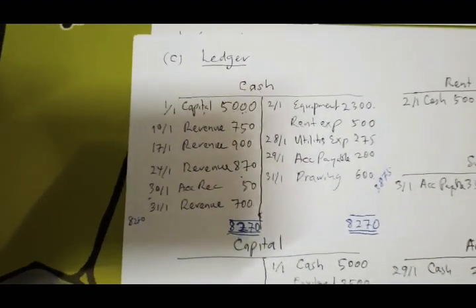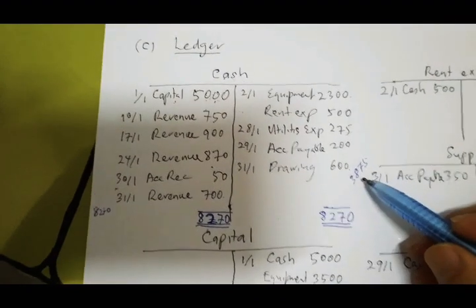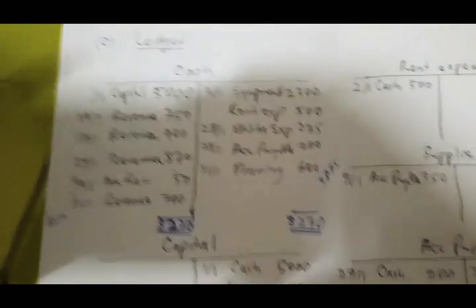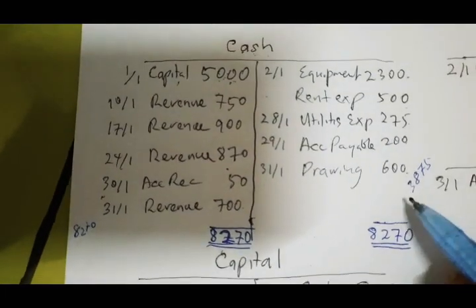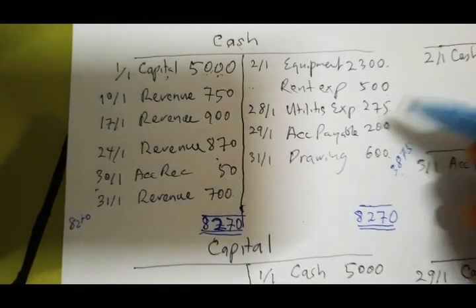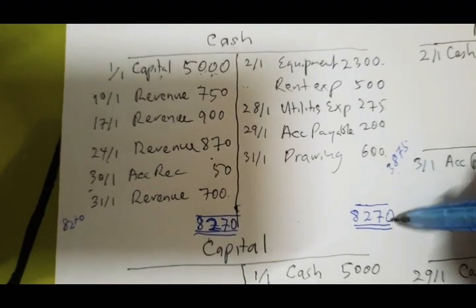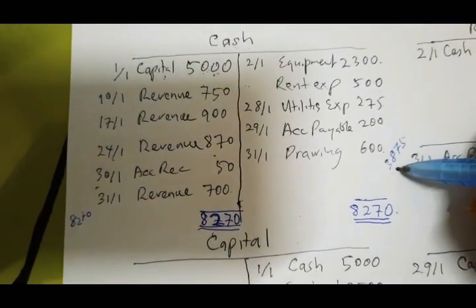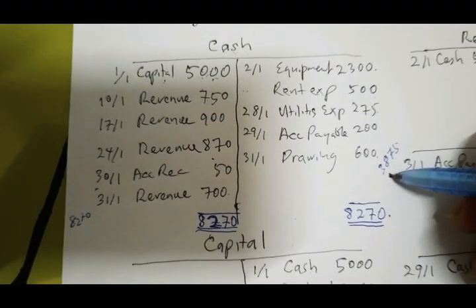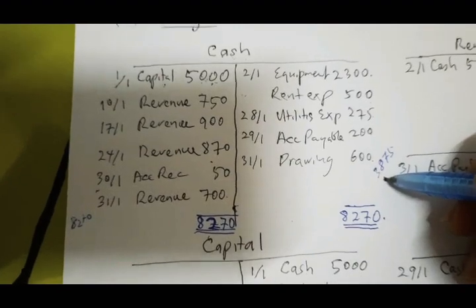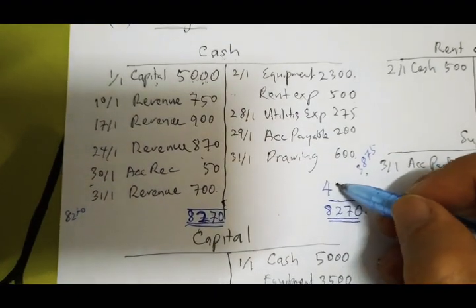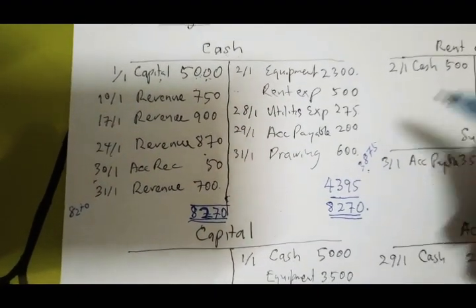Now, this number is lower. In this sample question, the lower number is in the credit side. So you calculate the difference between this number and this number. If you use your calculator, the difference is 4,395.